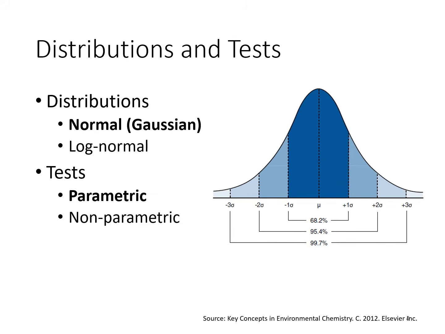Distributions that are normally distributed exhibit a pattern that approximates the graph shown here. When the data follows such a pattern, parametric tests are used. In cases where the data does not follow such a pattern, non-parametric tests are used. We'll focus on the parametric tests in this course.